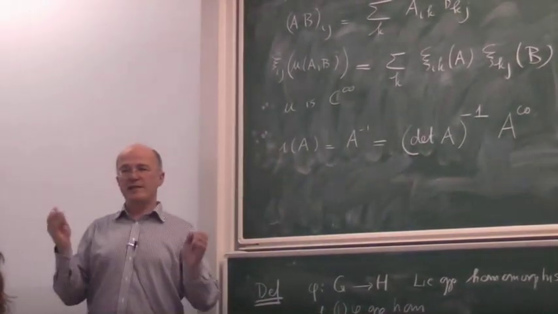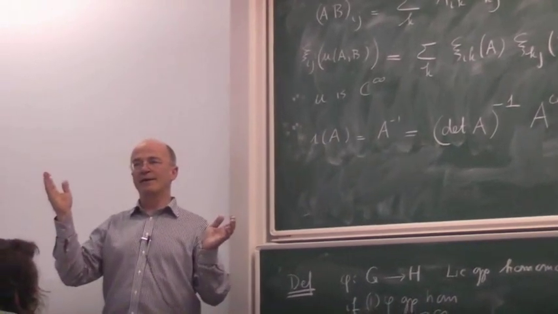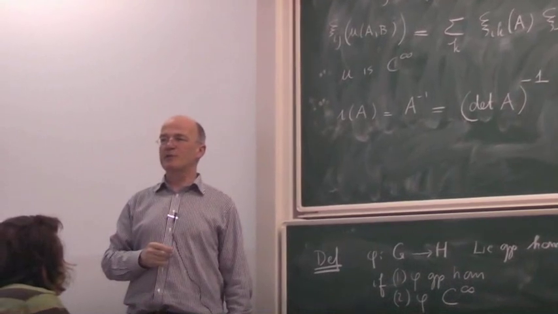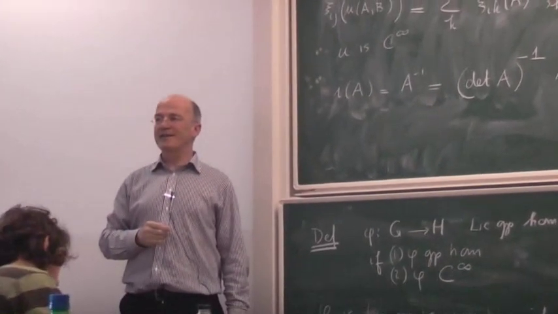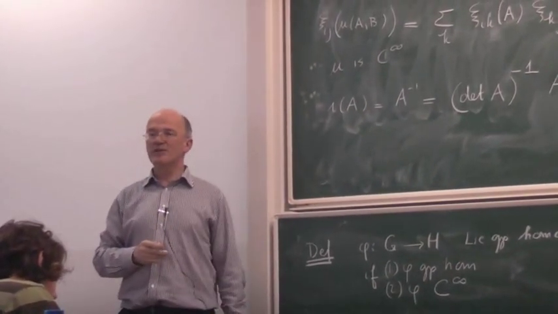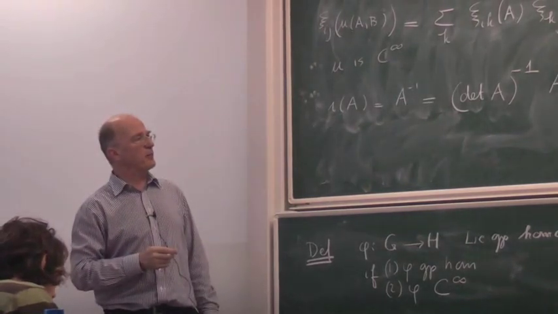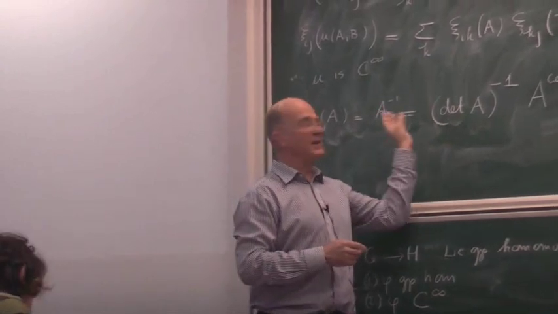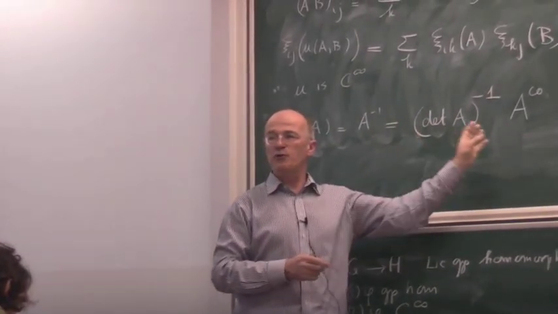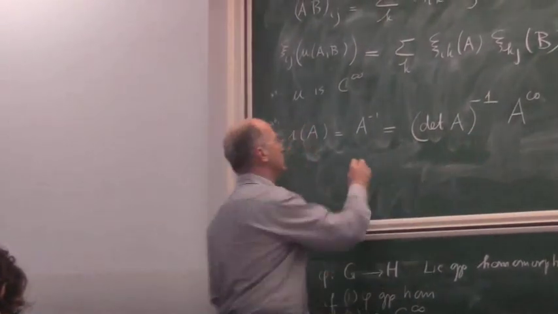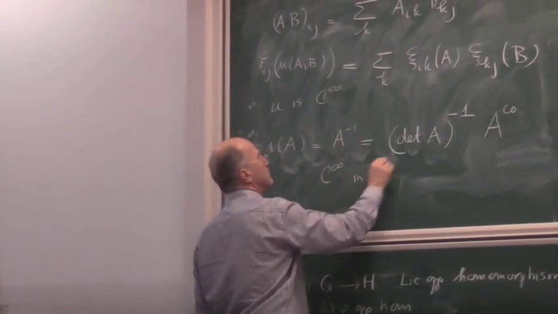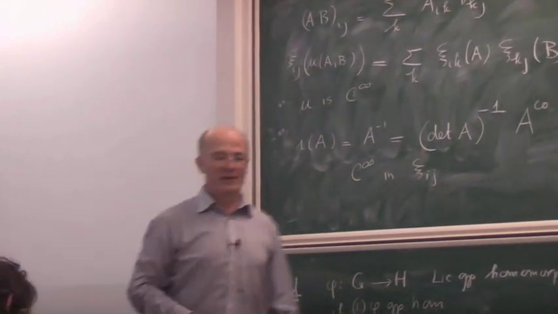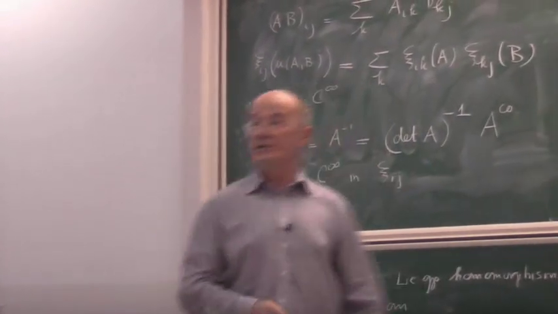And the co-matrix is obtained by transposing the matrix along the diagonal, then taking all the principal minors, then putting minus signs in front of them in an appropriate way. So if you look at these operations, then it is immediately clear that this is smooth in terms of the coordinates. If you want to see more details, please have a look at the lecture notes. So clearly now, this is a Lie group.